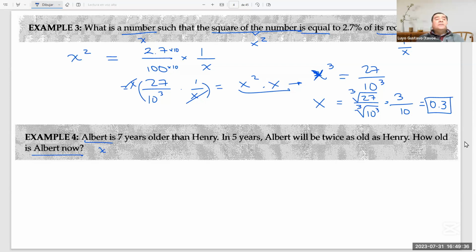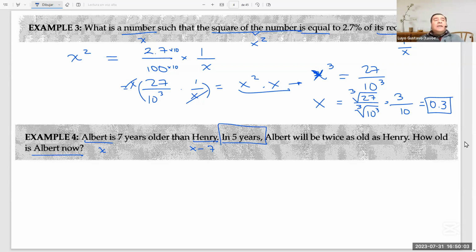Since he's 7 years older than Henry, Henry would be simply x minus 7, right? That's the relationship between the two ages. And then it says that in 5 years, now it's a different time, Albert will be twice as old as Henry. In other words, Albert's age will be double the age of Henry in 5 years.